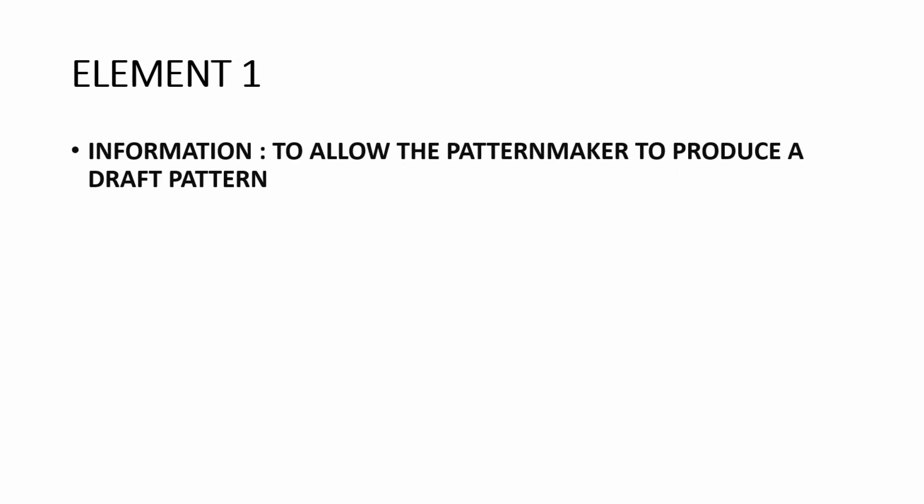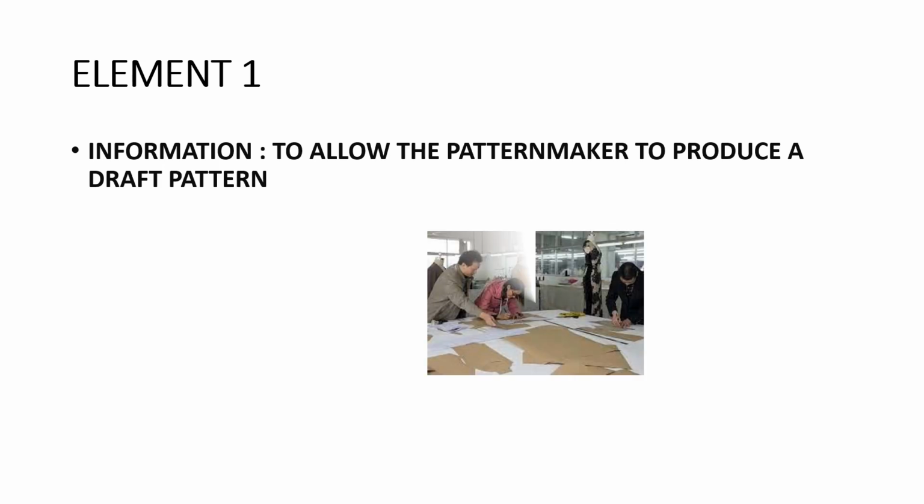This element also talks about certain information to allow the pattern maker to produce a draft pattern, which is also covered under element 1. Patterning, different patterns used in the particular garment. That information is there as an element in the spec sheet.